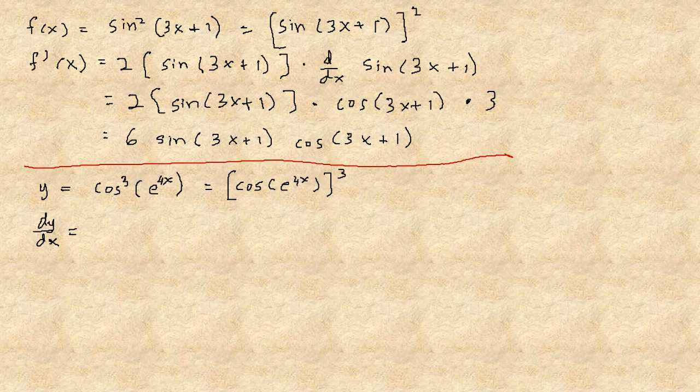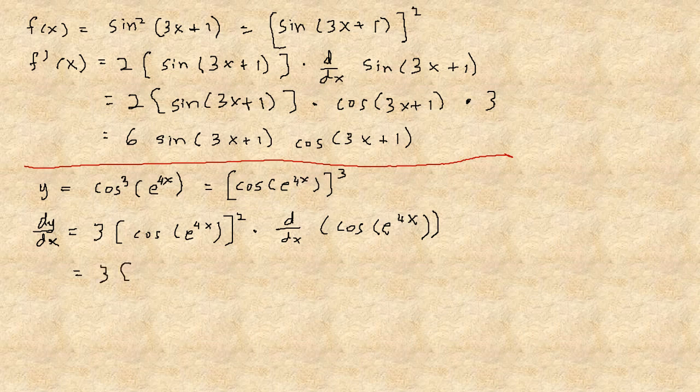The power is 3, so we have 3 and then multiply by the function cos e to the 4x, and then power minus 1, 3 minus 1, we have 2, and then multiply by the derivative of cos e to the 4x. So we get 3 cos e to the 4x to the power of 2, multiplied by the derivative of cos e to the 4x.